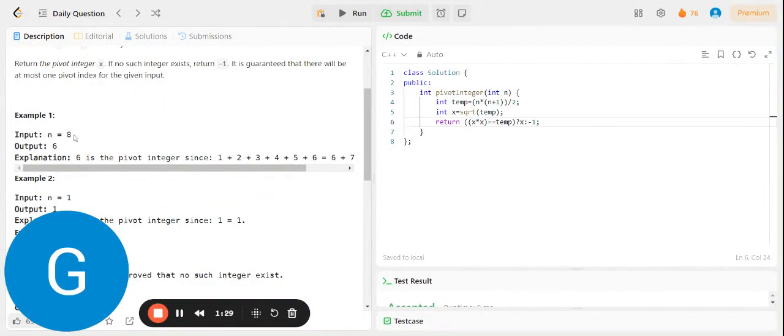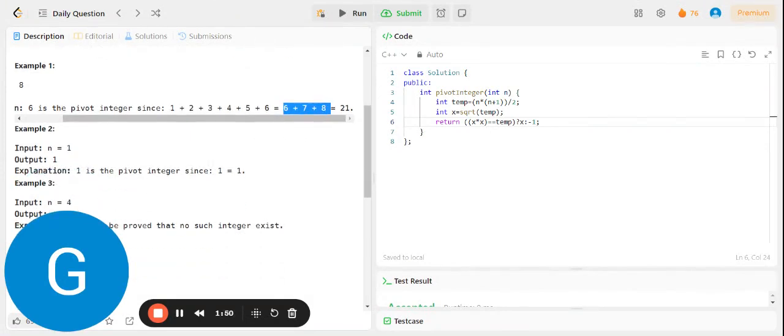It is not equal, so we will check for every integer from 1 to 8. For integer 6, we will get the pivot integer, since the sum of elements from 1 to 6, 1 plus 2 plus 3 up to 6, is 6 into 7 by 2, which is 21, and it equals 6 plus 7 plus 8, which is 21.